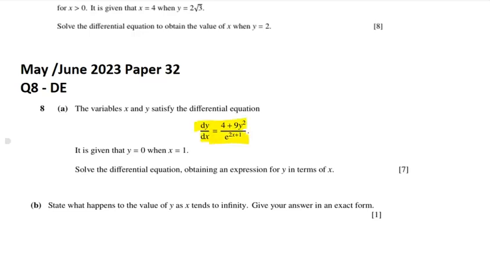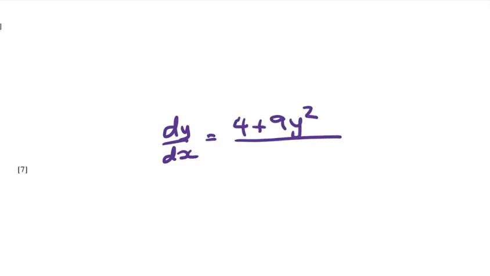Here's my DE here, and we're told that when x is 1, y is equal to 0, and this time we have to get y is equal to blah, blah, blah. Okay, so dy by dx is equal to 4 plus 9y squared over e to the 2x plus 1. Separating the variables gives me this.